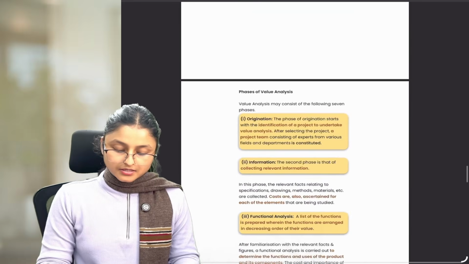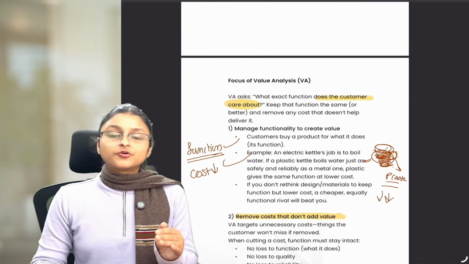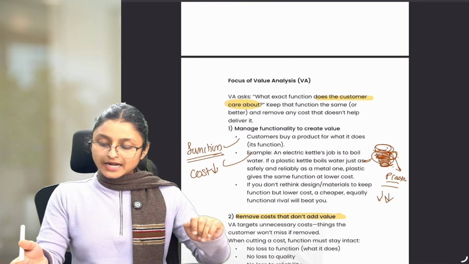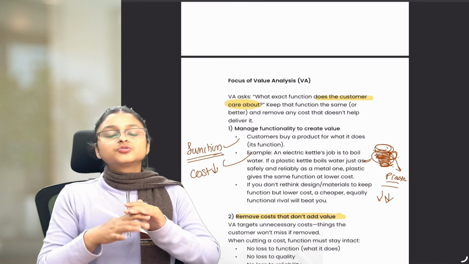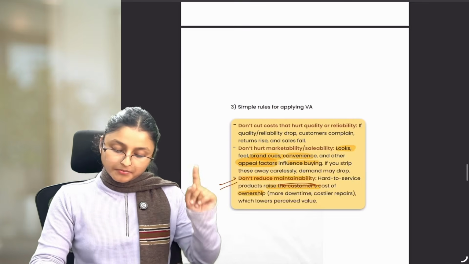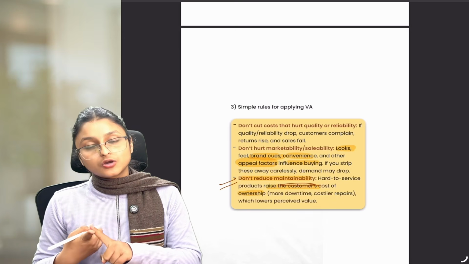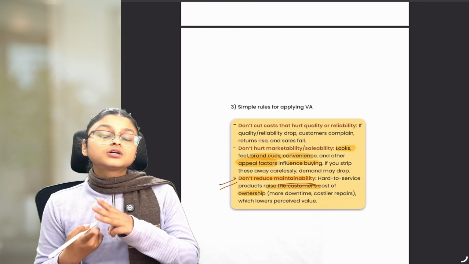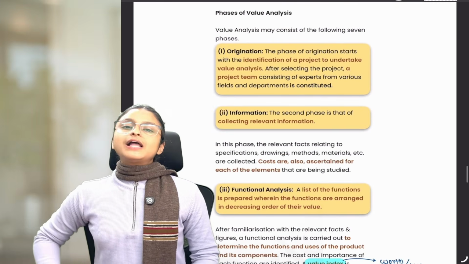Done. Next, these were the focus of value analysis, that it focuses on replacing those parts which are adding value but are of higher cost, removing those parts which are of no value. But while doing this, we need to make sure that we are not hurting quality or reliability, not hurting marketability or saleability, and not hurting maintainability. Done. Next is phases of value analysis.